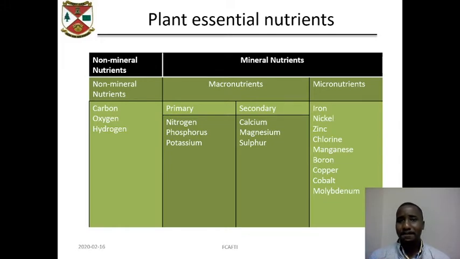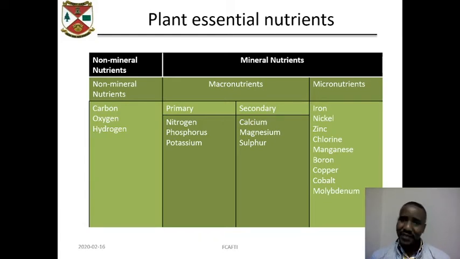But if you say there are 19 plant essential nutrients, I won't give you a mark. In other words, I will mark you as incorrect. If you say there are 16, you are reading the very old versions, and I want you to be current. I want you to read your recent soil fertility material. So if you say there are 16, I will mark you incorrect. Okay, obviously.